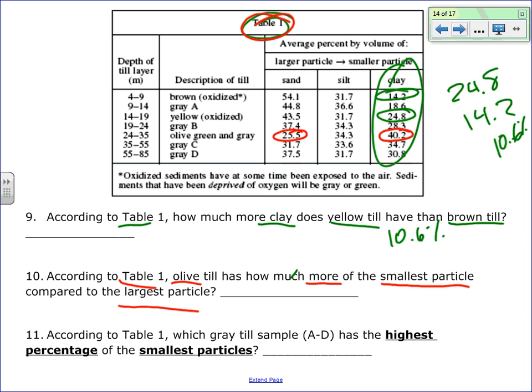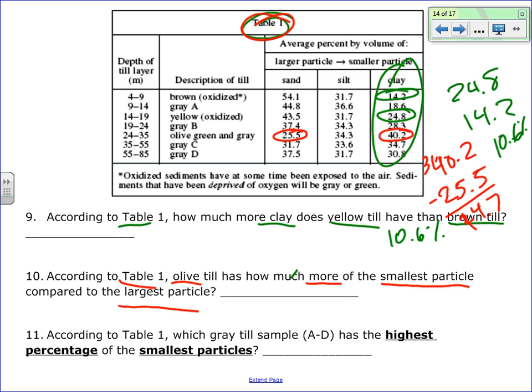The largest particle is 25.5. 40.2 minus 25.5. Now again, you're not going to be able to have a calculator on this test, so you have to be able to start to do this kind of subtraction on your own. 24.7, right? Did I miss one? 40.2 and 25.5? Yeah, my number doesn't make sense. 14.7. There we go.